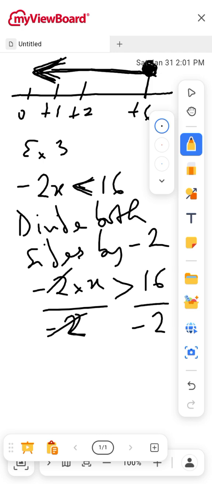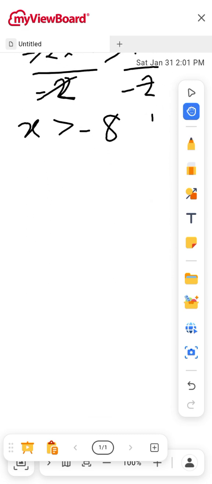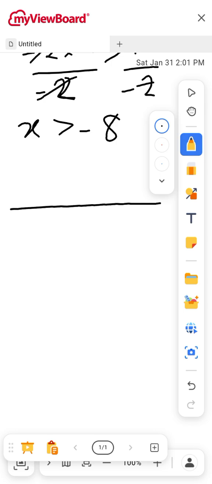So minus 2 cancels minus 2, and 2 goes into 16 eight times. So x is greater than minus 8 is the solution of the inequality. Then when you represent it on the number line, I have my zero, and my negative numbers here. Let's say our minus 8 is somewhere here.